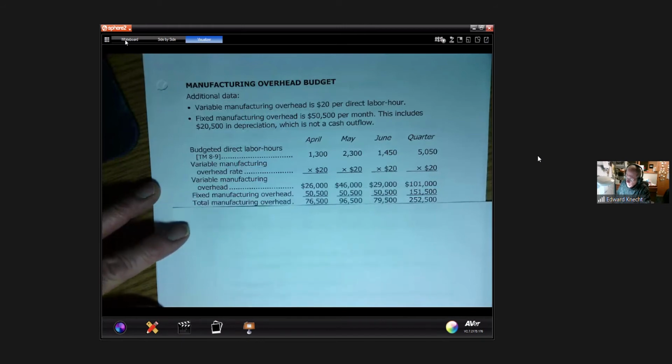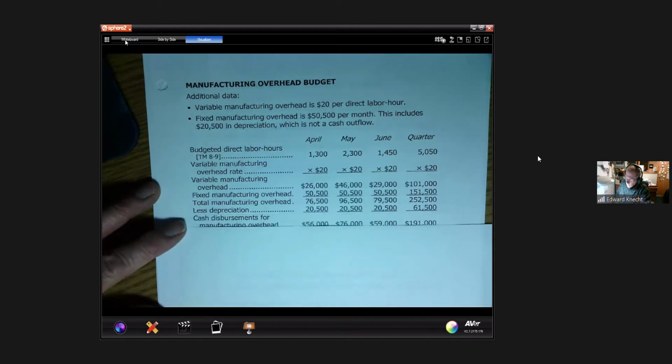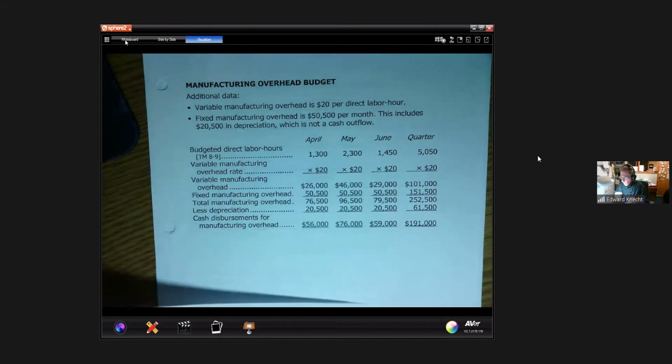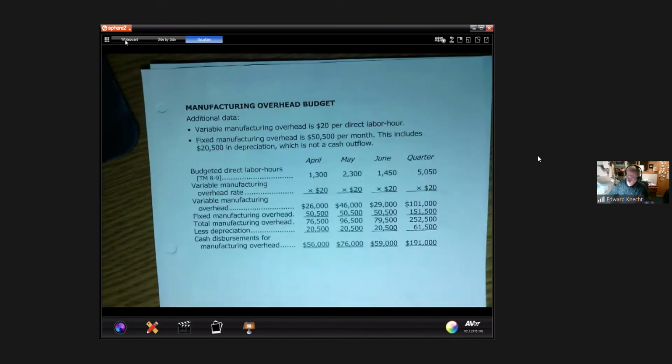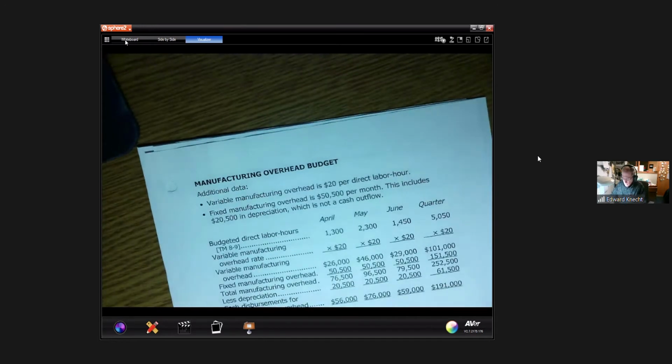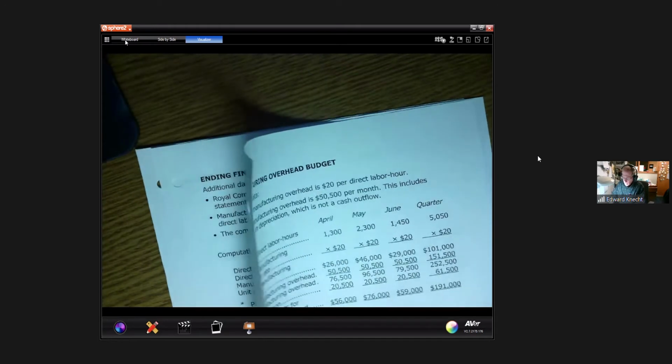So for the total manufacturing overhead, we're going to take out the depreciation to determine the cash disbursements for manufacturing overhead. That's one of the common mistakes students make on the exam. They don't take out the depreciation, because it's a non-cash item.